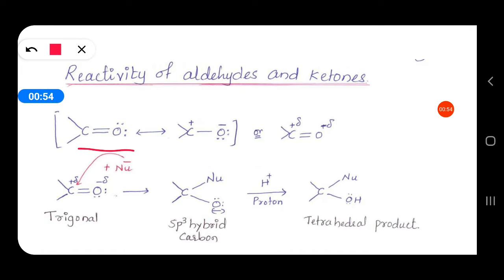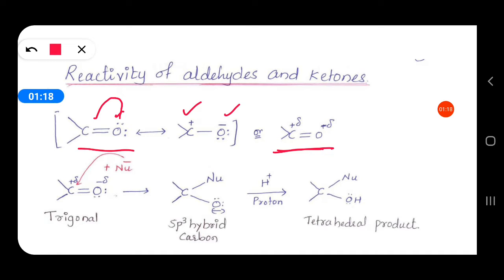Because of the higher electronegativity, the shared pi electrons of the C=O bond are shifted onto the oxygen, so that oxygen gets a negative charge and carbon gets a positive charge. Collectively, we can write oxygen having a small negative charge and carbon having a small positive charge.